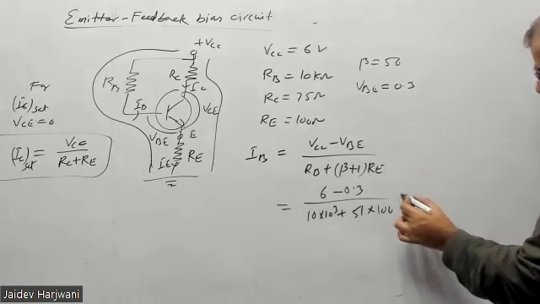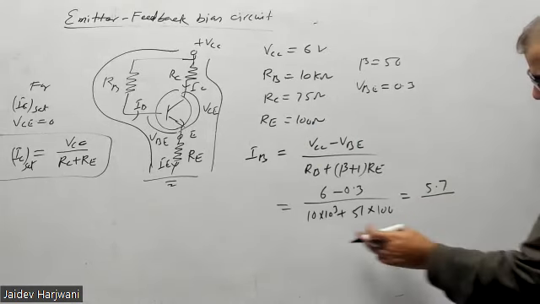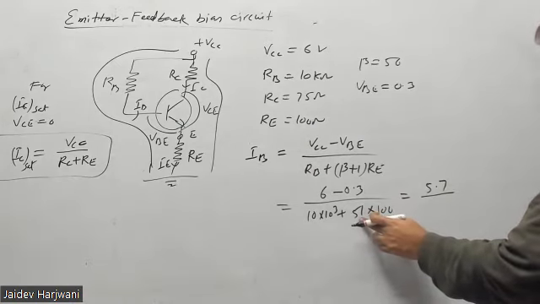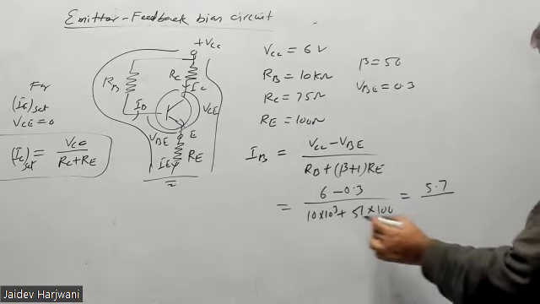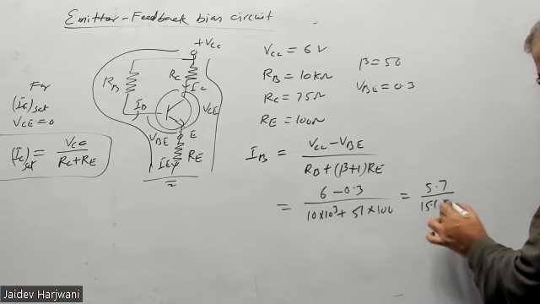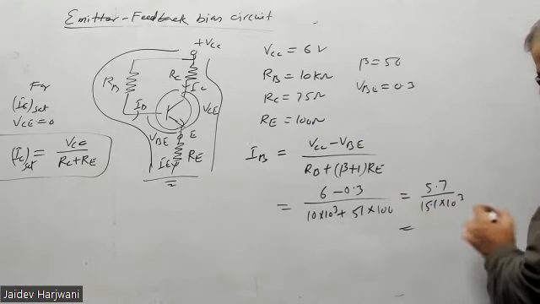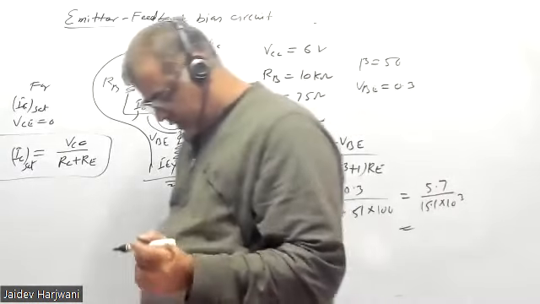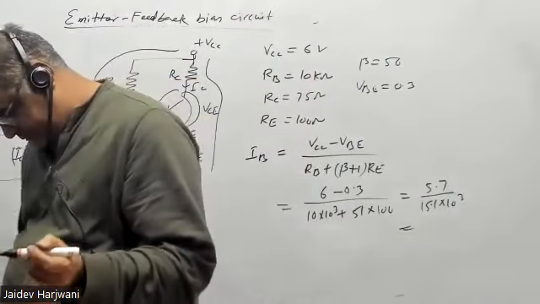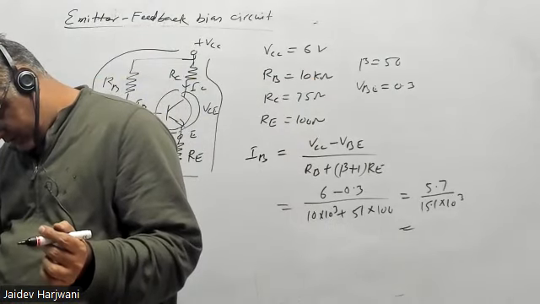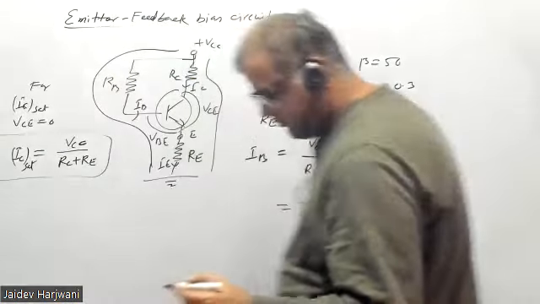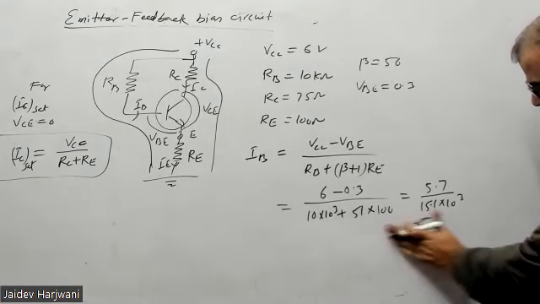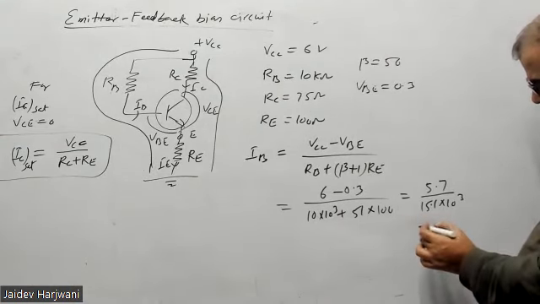RE is 100. So this becomes 5.7. This is 10 kilo ohm, and this is 5.1 kilo ohm. So this becomes 15.1 kilo ohm. How much is coming? Tell me, IB. 542 microampere?